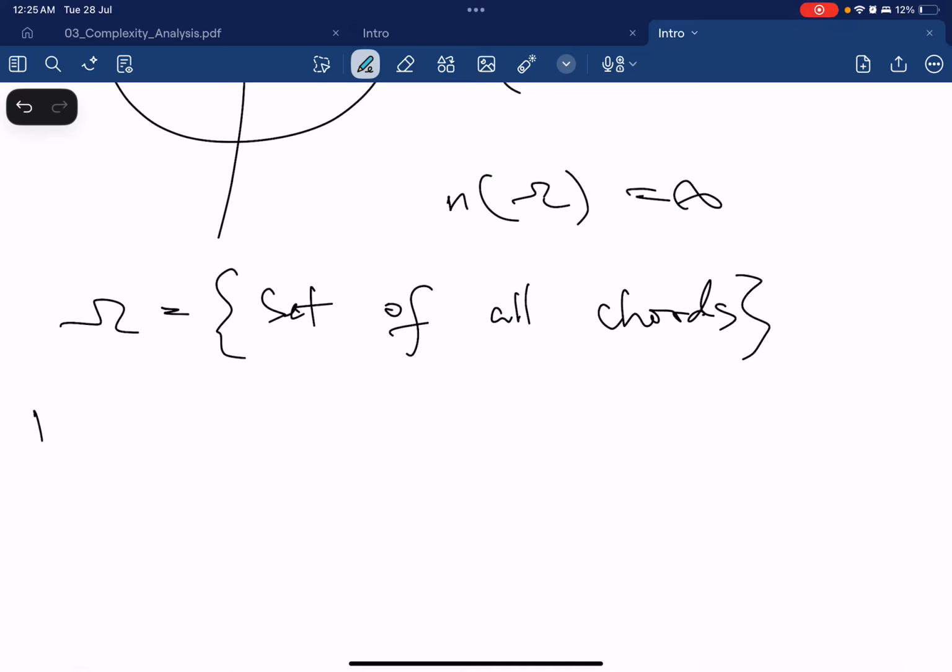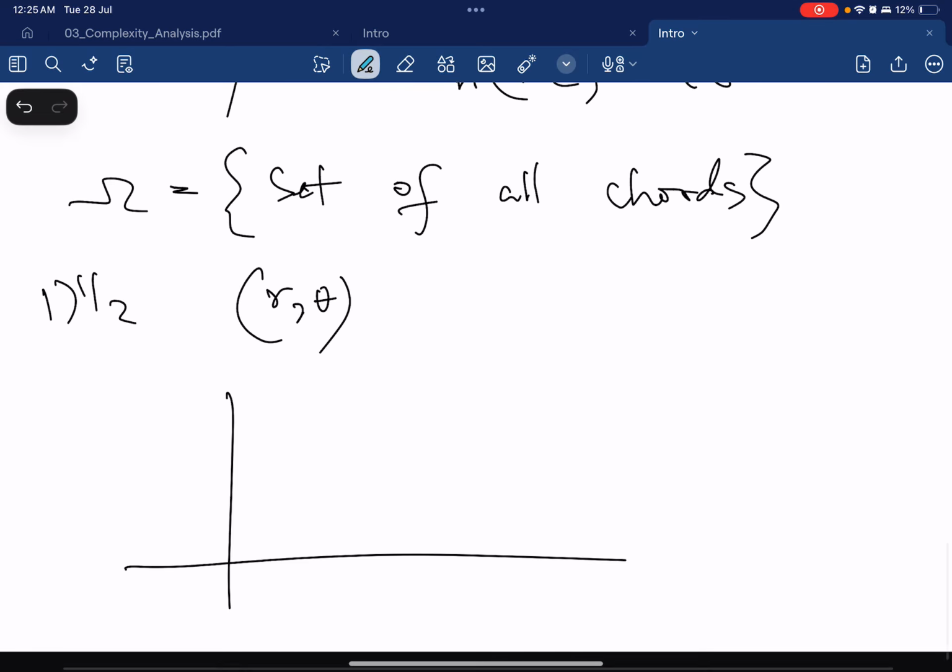So to get the answer of half, the point that you use to describe a chord is the radial distance from the origin, r, and theta. The set of all points would be r ranging from 0 to 1, theta ranging from 0 to 2 pi.